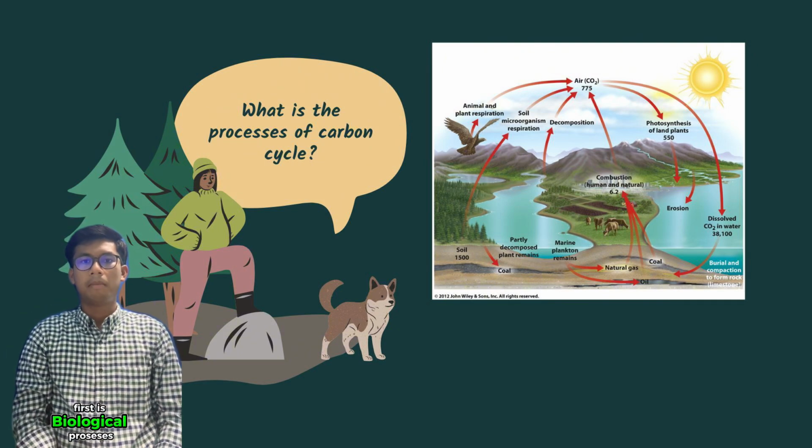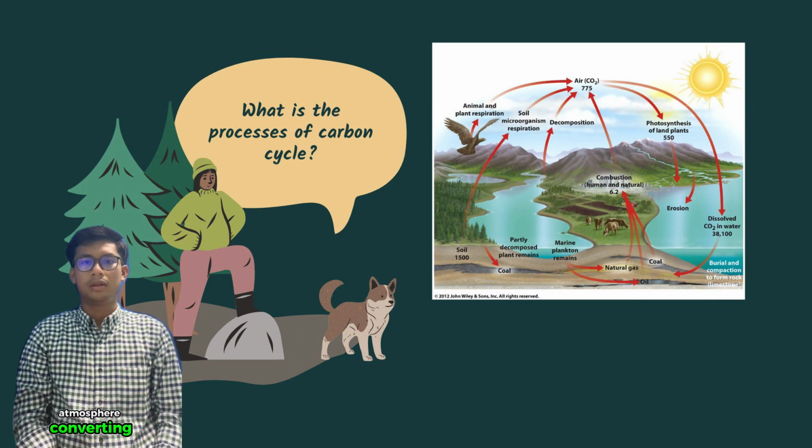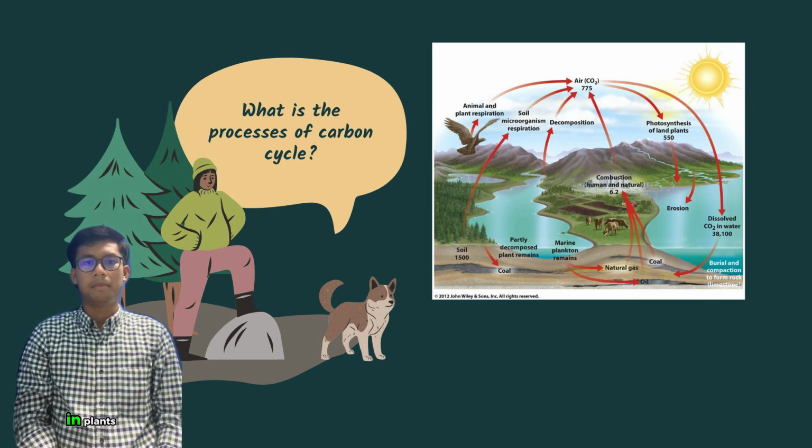First is biological processes. Photosynthesis removes carbon dioxide from the atmosphere, converting it into glucose and oxygen in plants. This stored carbon supports life across ecosystems.